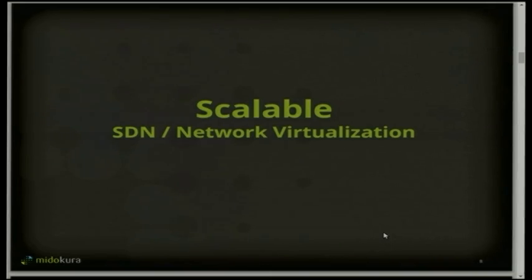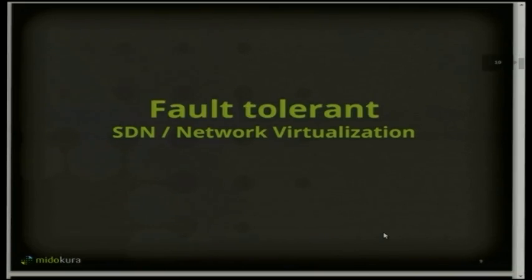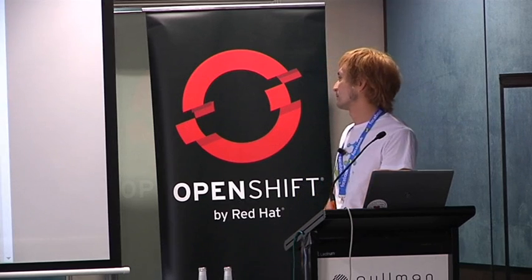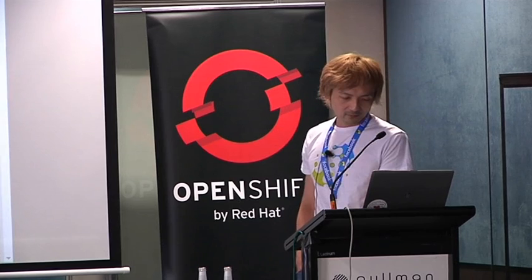It's good that SDN is fast, but it's got to be scalable and flexible, dynamically and elastically coping with traffic. And it's got to be fault-tolerant. Of course, a network is bound to break, so even if a couple of nodes go down, the network still needs to function as normal.